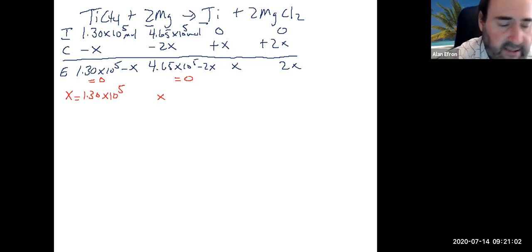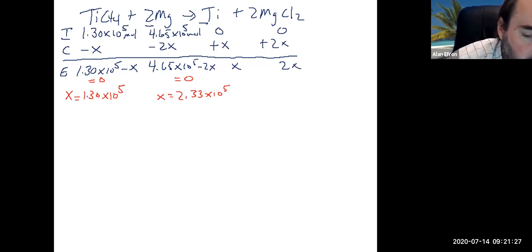For this x, we're going to divide 4.65 times 10 to the 5th by 2, which gives us 2.33 times 10 to the fifth.